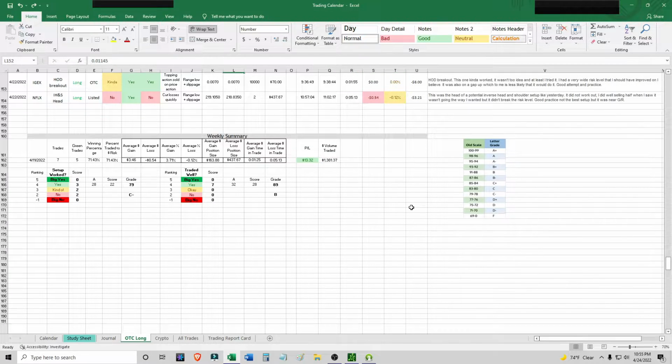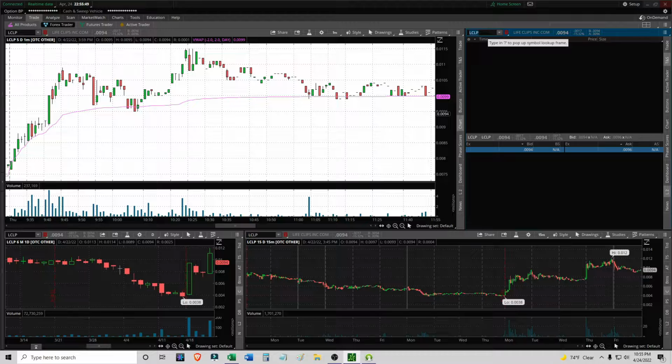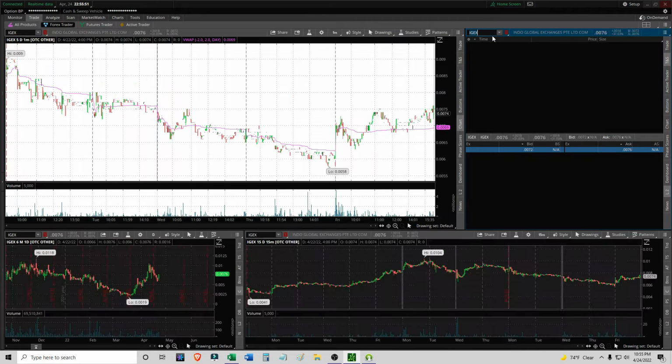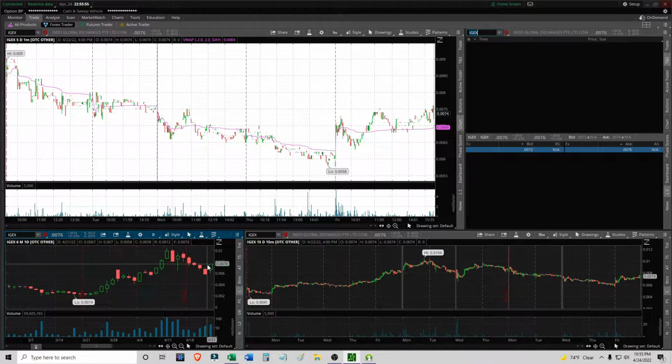Let's look at the next trade, which is IGEX, another high day breakout setup, and this one kind of worked. So let's look at IGEX for the 22nd. Right here. So yeah, not bad because it's an uptrending stock, right?